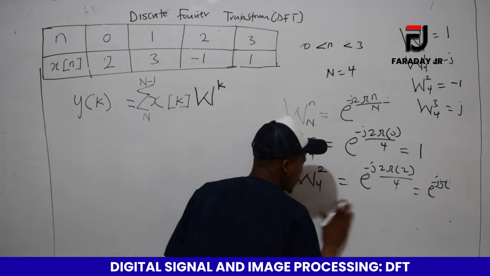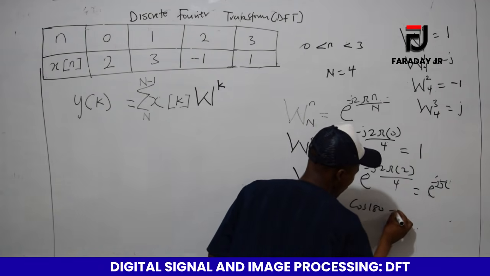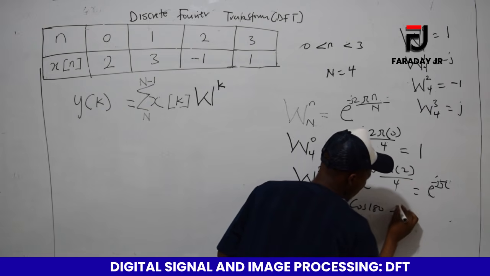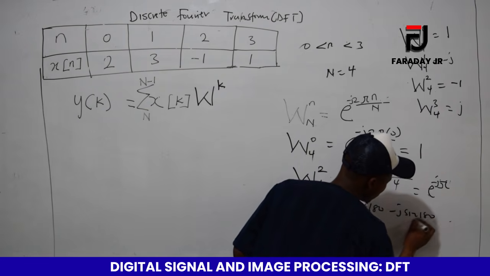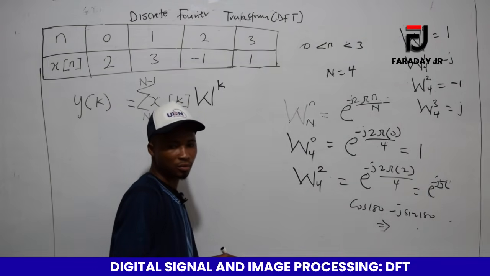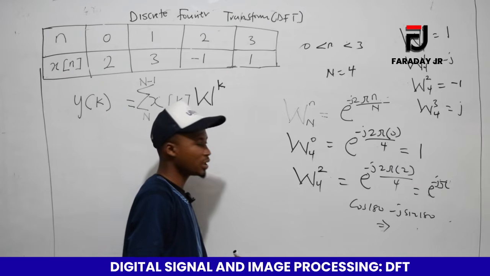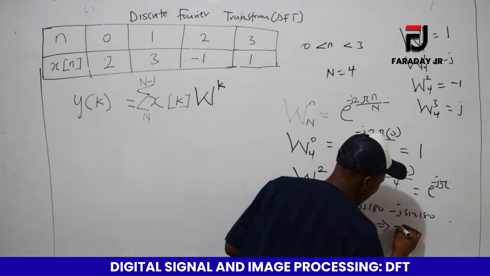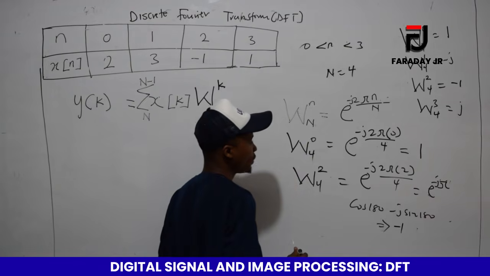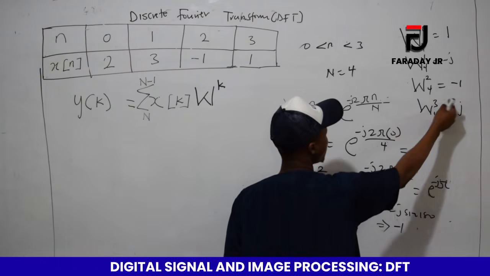We know the general formula, so cos 180 plus minus j sin 180. Cos 180 will give us minus 1, and sin 180 gives us 0.